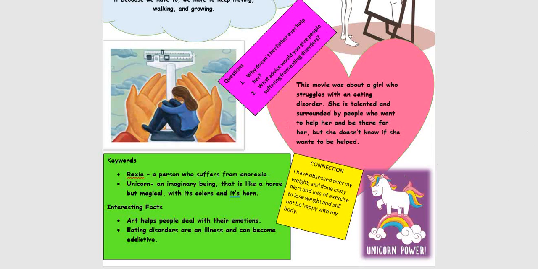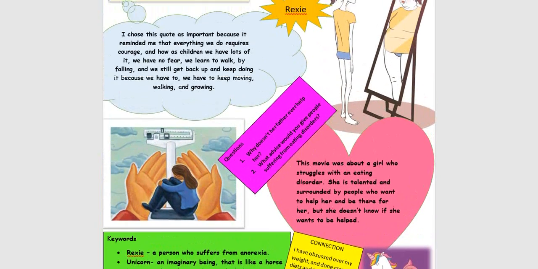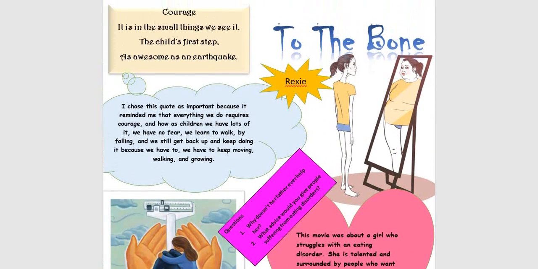So this is very simple, very creative way to reflect about any piece of literature or movie or information. I think it's very simple to do and also very creative.